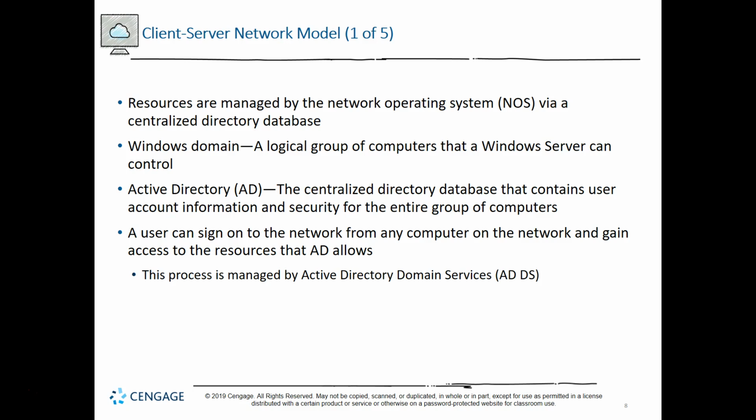On that server, we create what's called a domain. It's a group of computers, a group of users that we control. And we do that through something called Active Directory. Active Directory says this is our database. It's got all our users. It's got information about them. It's how we interact.